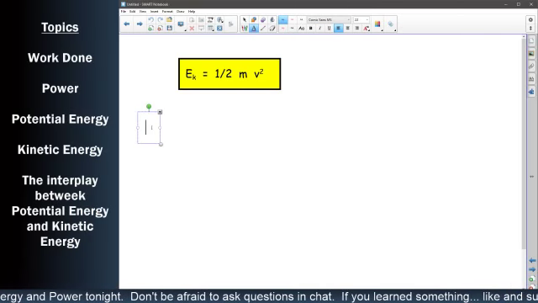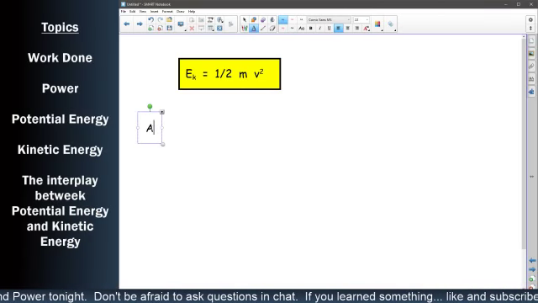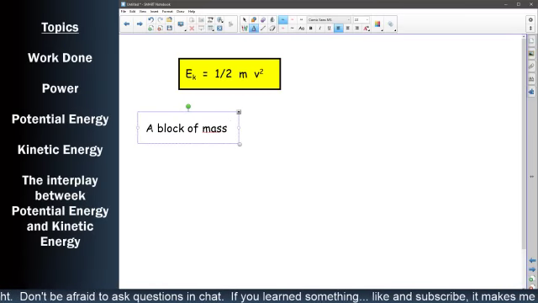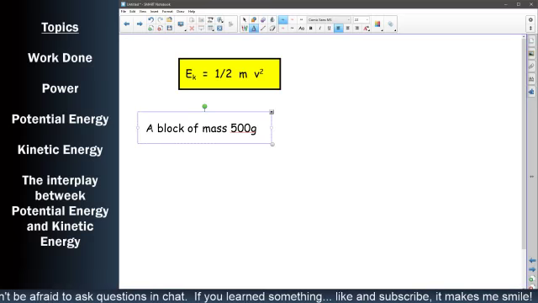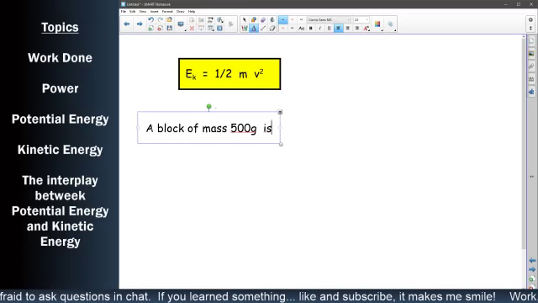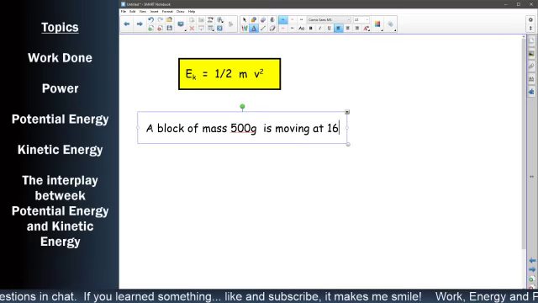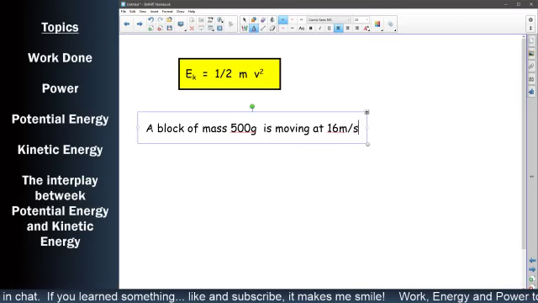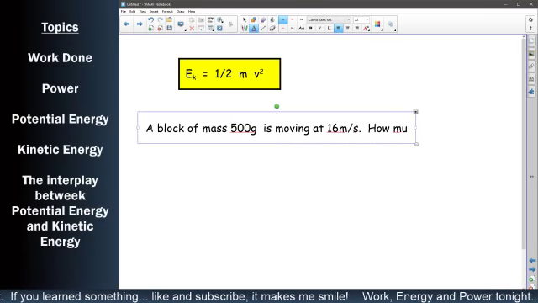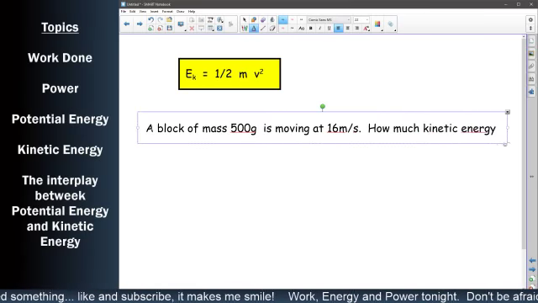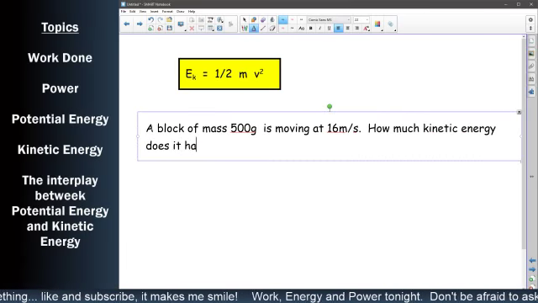Let's have a block of mass, let's say 500 grams. Give you something slightly more difficult to do, is moving at 16 meters per second. How much kinetic energy does it have?